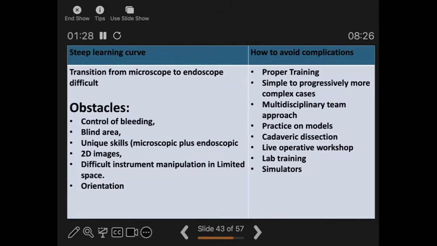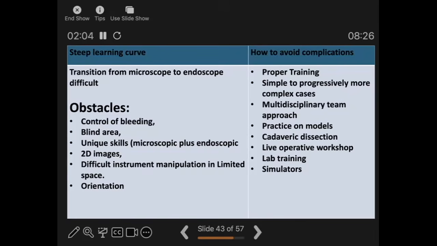Neuroendoscopy has a steep learning curve, with challenges in the transition from microscope to endoscope due to bleeding control, blind areas, 2D vision, instrument handling in the limited space, and orientation issues. The solution includes structured training, starting with simple cases and progressively doing more complex cases, not doing complex cases in the beginning.